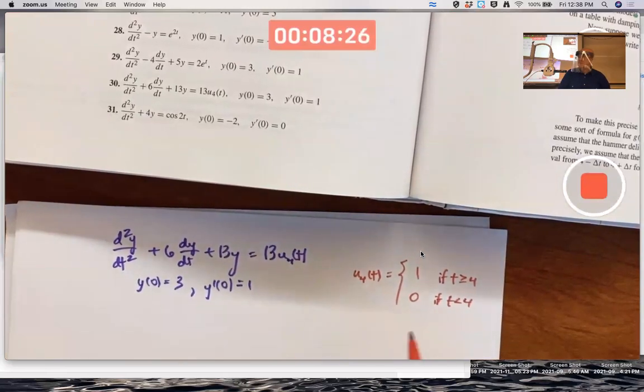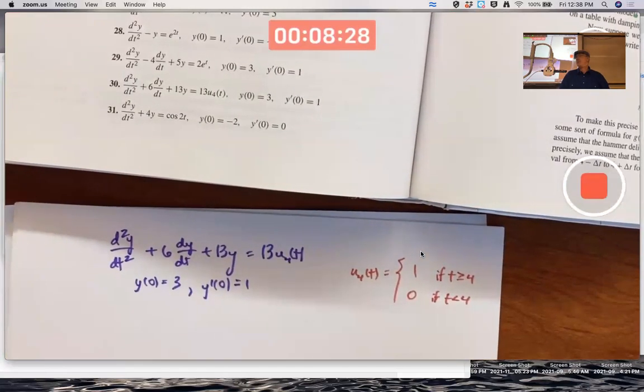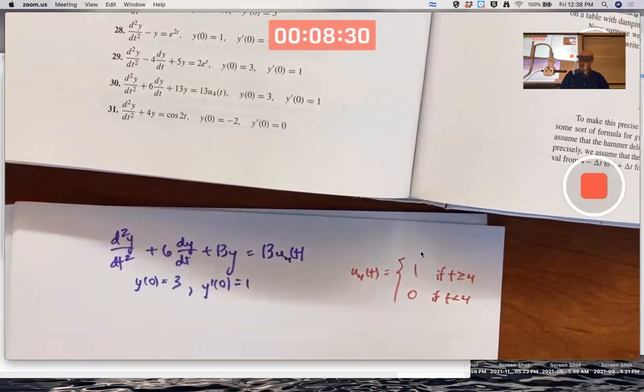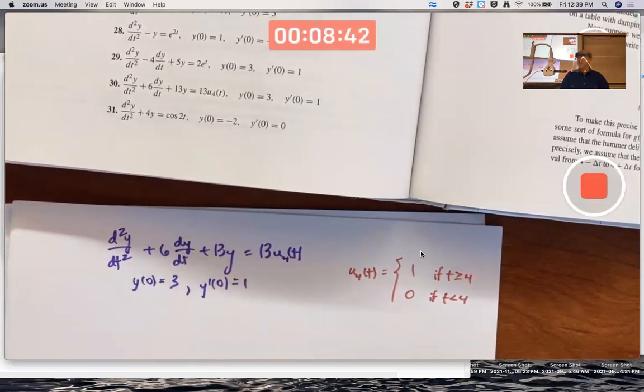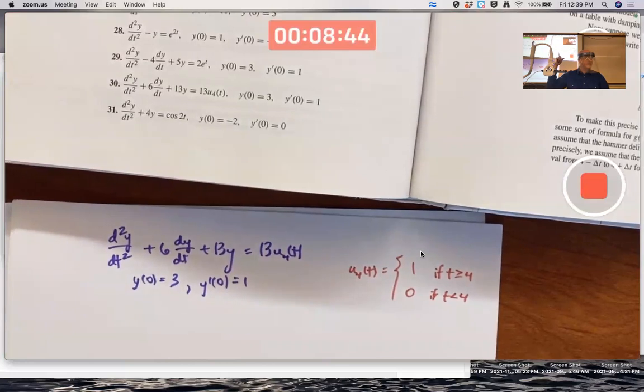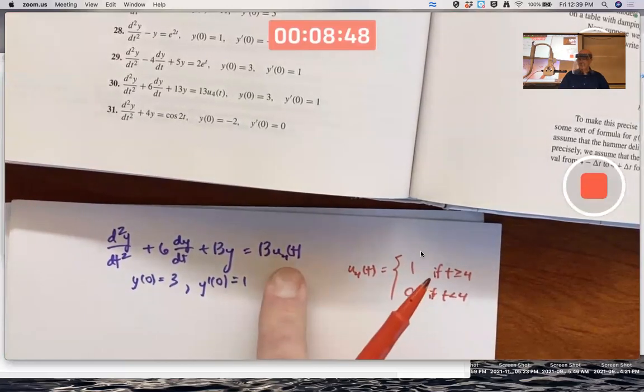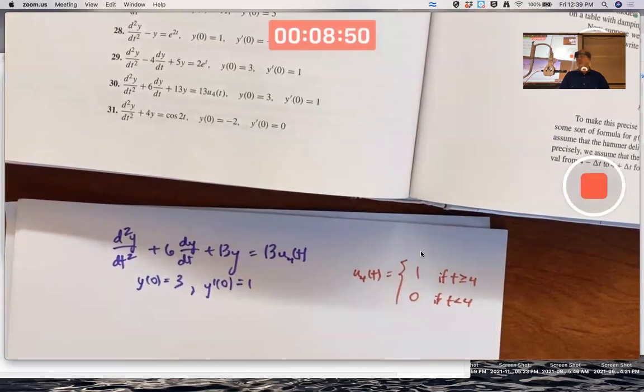So 13 times it equals 13 if t is greater than or equal to 4, and 0 if t is less than 4. So essentially, this is a homogeneous equation at time 0. There's no external forcing, but after 4 units of time, all of a sudden there's this external forcing that switches on at one instant in time to be constant at 13 times 1.